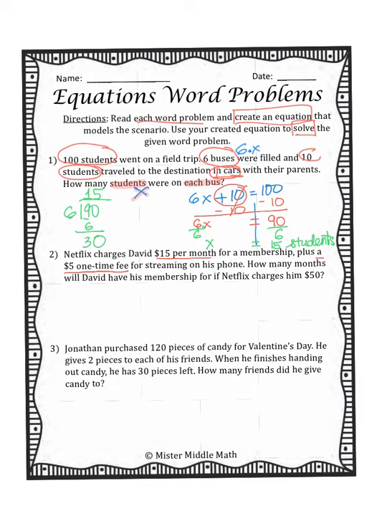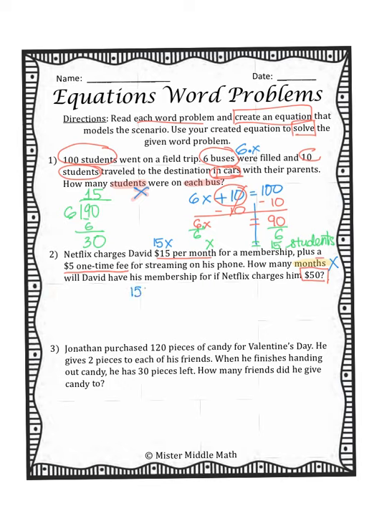How many months will David have his membership if Netflix charges him $50 in total? How many months? I don't know how many months, so months now becomes X. So we have $15 a month, which is 15X.